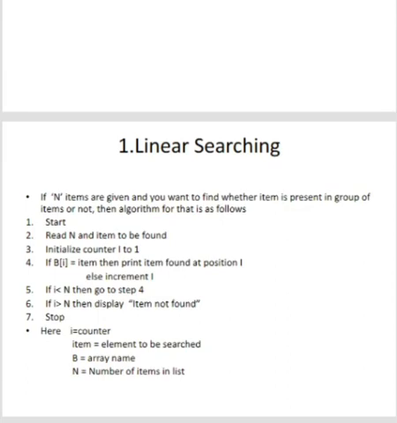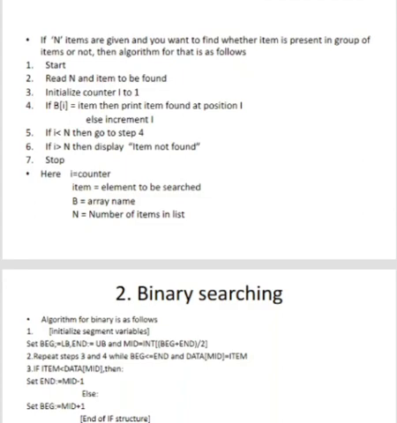Now the second, the algorithm for binary searching. Initialize segment variables. Here data is a sorted array with lower bound LB and upper bound UB, and item is given information.